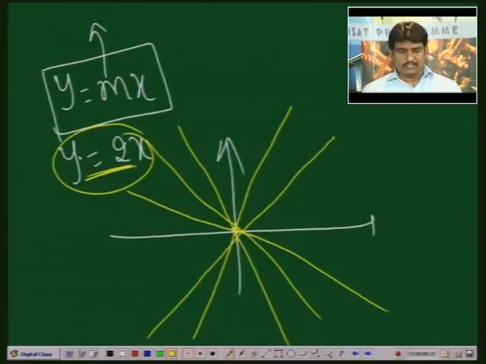What about the singular solution of a differential equation? To have an idea about the singular solution, let me consider one family of circles, (x minus a) whole squared plus y squared equals 1.